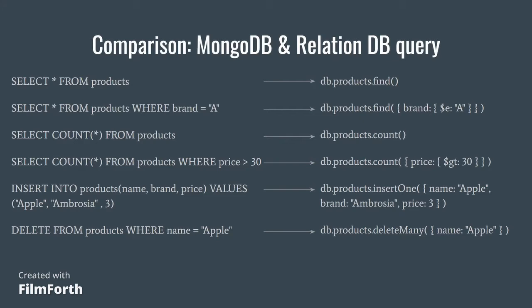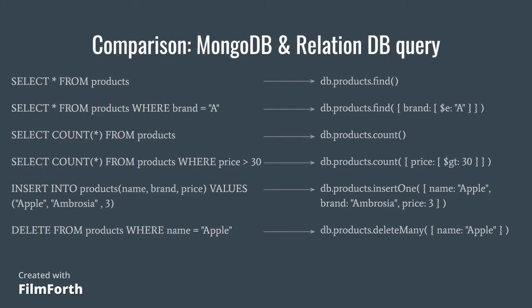For example, when you want to select all from products, the MongoDB equivalent is db.products.find. The same goes for select all from products where the brand equals A: in MongoDB it is db.products.find where the brand equals A. So the syntax is a little different, but it serves the same functionality.